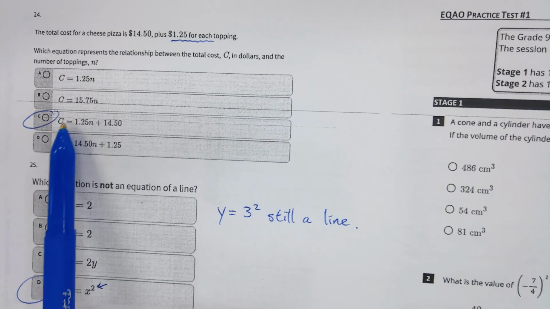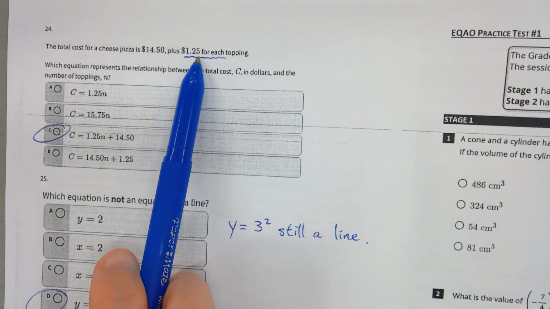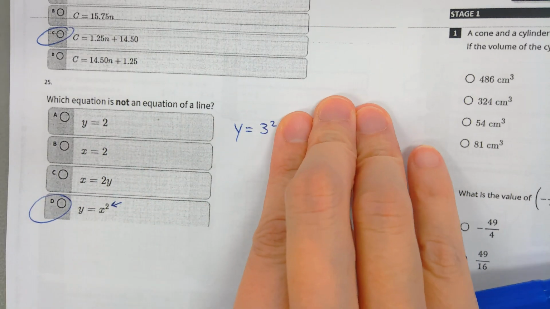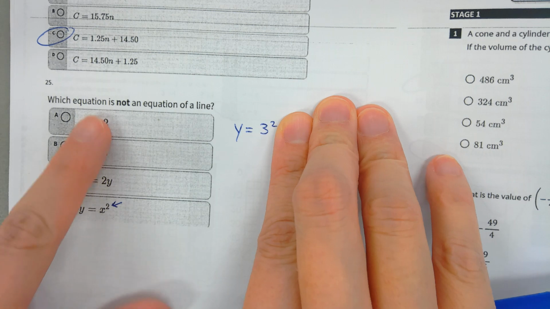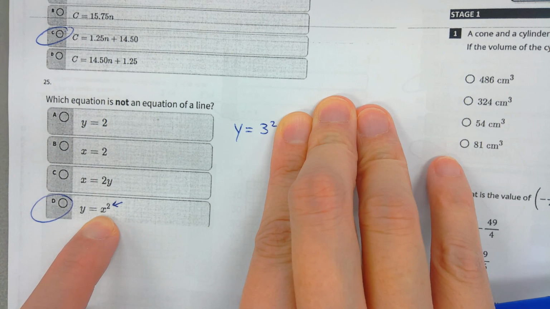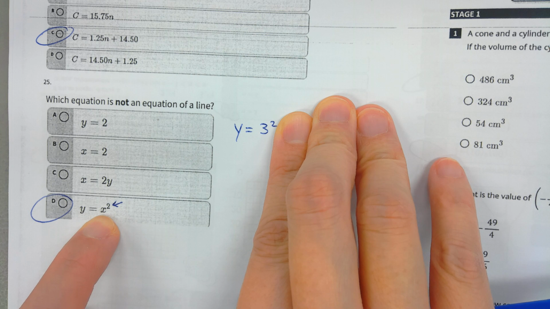Okay, last page. Last two. Okay, so again, $1.25 for each topic, so 1.25 N. And then the last one, which is not a line. What's the degree of this one here? Y equals x squared has a degree of 2, right?